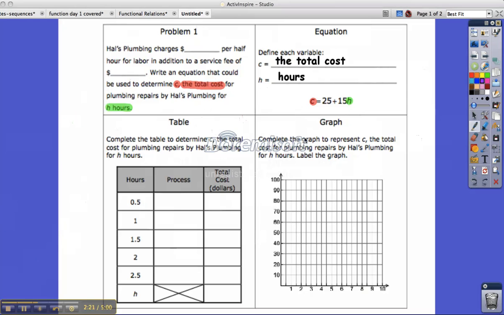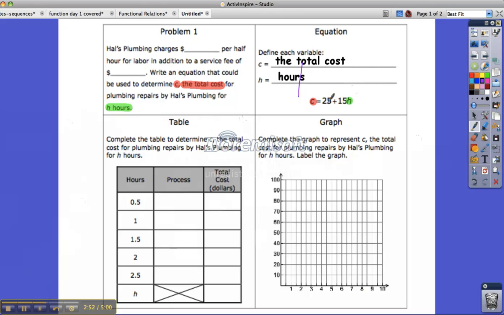So now that we've defined that, we need to reread this equation because we've got to figure out what this 25 and what this 15 represents so that we can fill in over here. So we're going to read this as the total cost, that's what C was, the total cost equals 25 plus 15 times the number of hours worked.